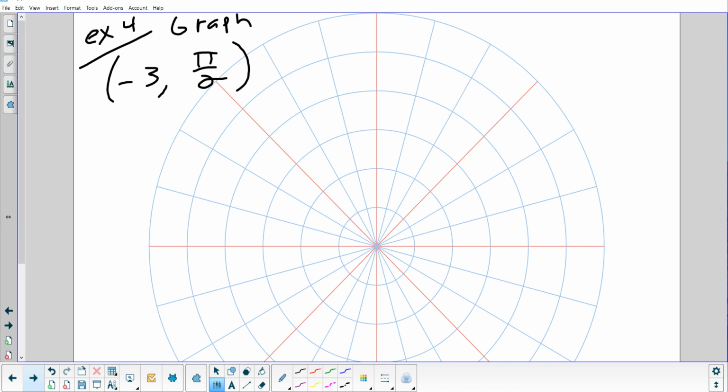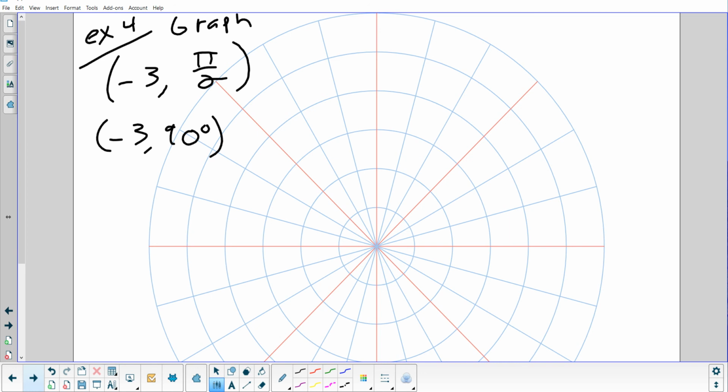Do you remember what pi over 4 was? That was, I want to say 45. That was 45. So pi over 2 is twice as big. So 90. Right, because the denominator is half of 4. So pi over 2 is 90. -3, 90.